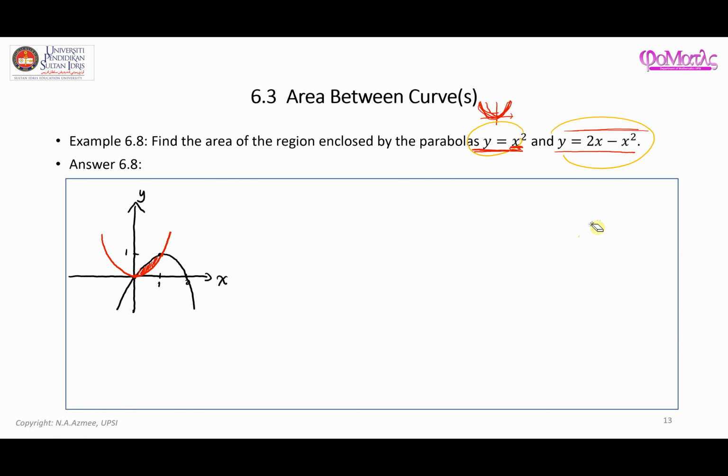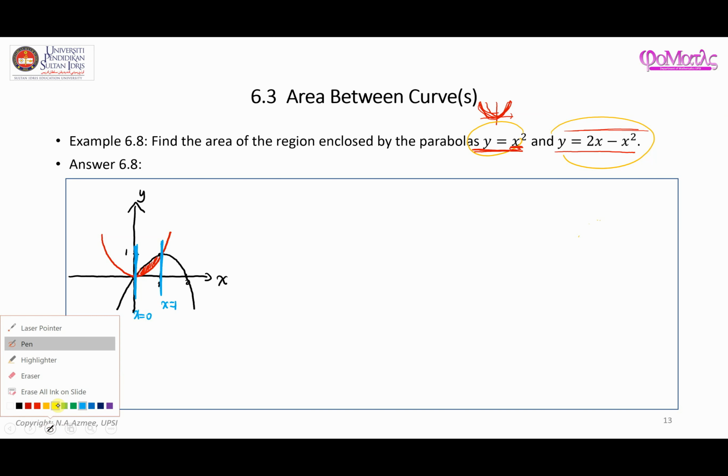Now I hope you can see that, based on this, we can create the limits. The limit is from x equals 0 to x equals 1. That will be our limits when we integrate the functions.